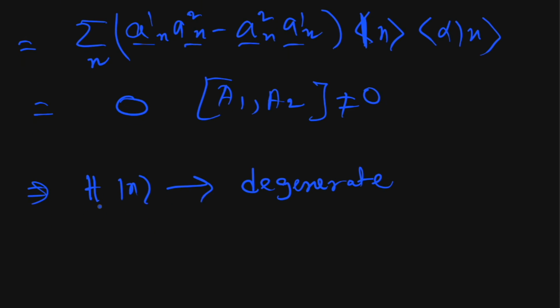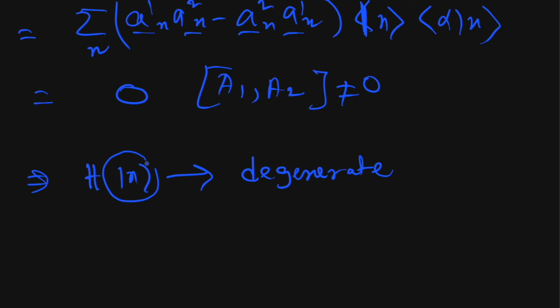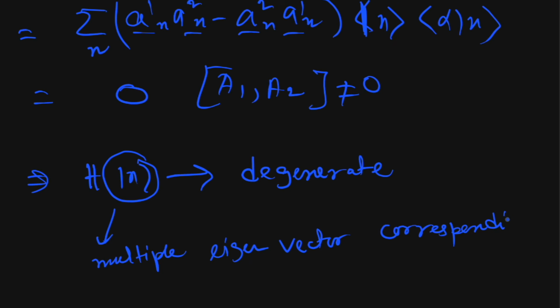That means corresponding to one eigenvalue, there are multiple eigenvectors corresponding to the same eigenvalue. This can be vector or ket. In quantum mechanics, it is actually ket. Multiple eigenkets corresponding to the same eigenvalue.